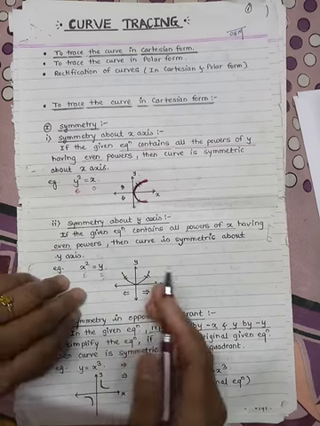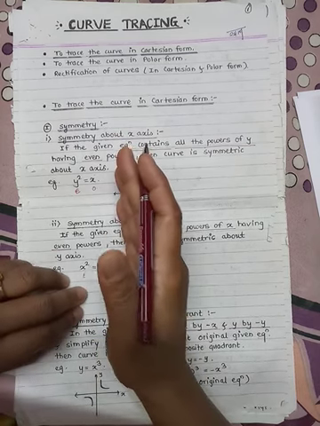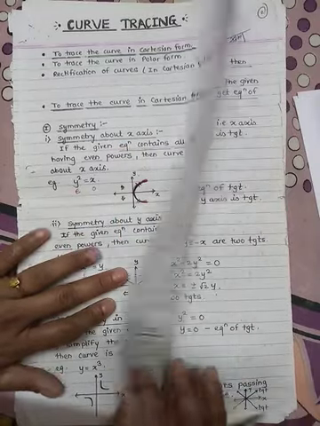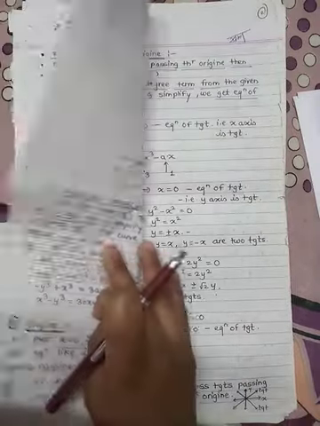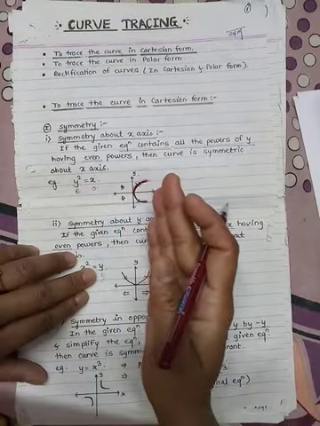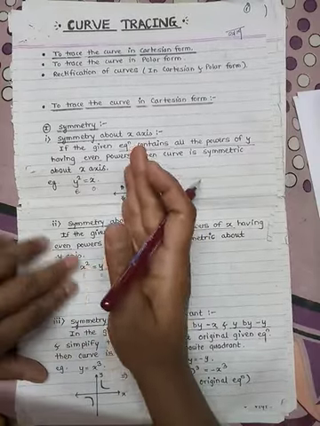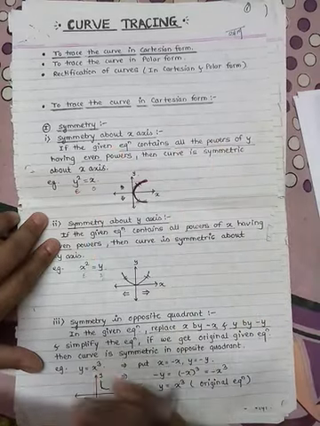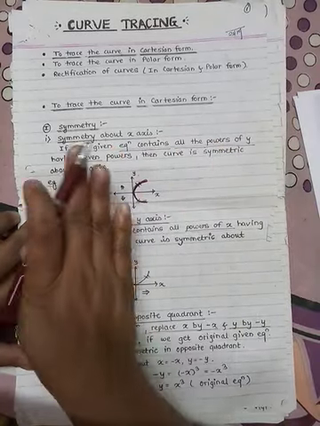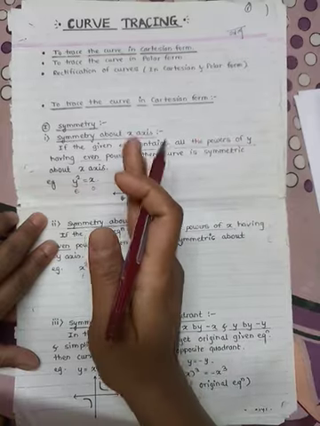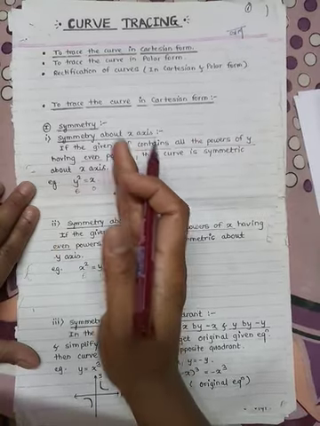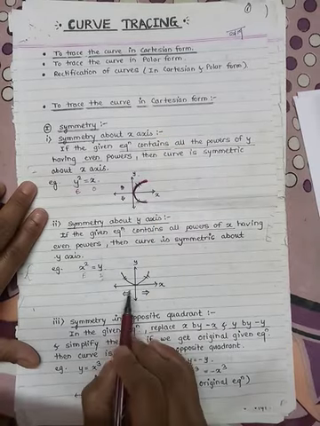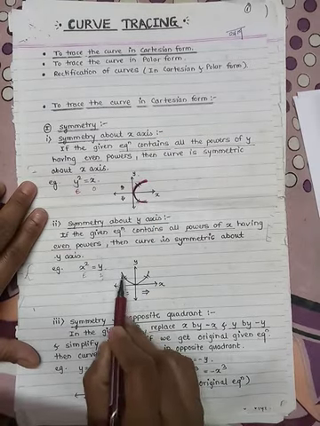Symmetric about y-axis means if you fold the page on that vertical line, that is the y-axis, then after the folding, the left side part of the curve and the right side part of the curve should be matched. So that is called symmetry about y-axis. So this is your y-axis. The left side curve and right side curve of that y-axis are the same. That is, this curve and this curve are symmetric.